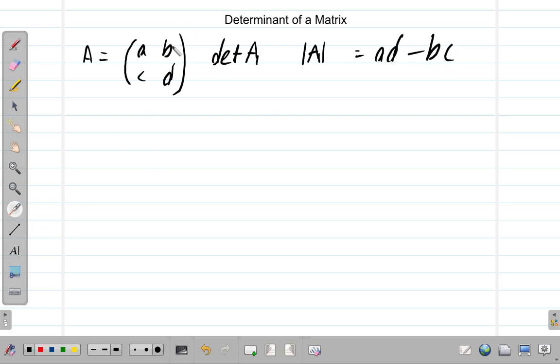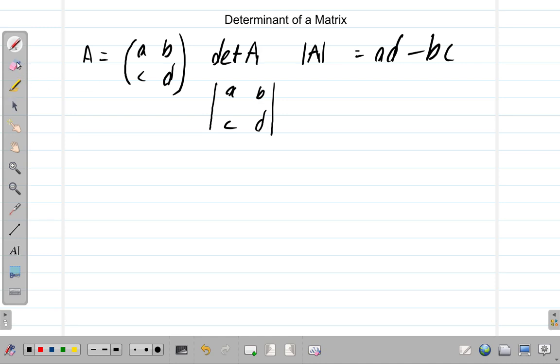So in this case, it is the multiplication of the elements in the leading diagonal minus the multiplication of the elements in the non-leading diagonal. Other than writing det A or A in the vertical lines, you could have used a vertical line, a, b, c, d, and another vertical line. That means the determinant.